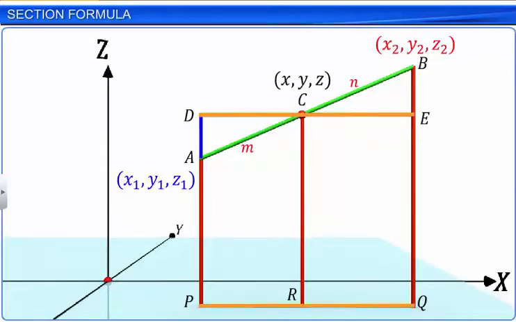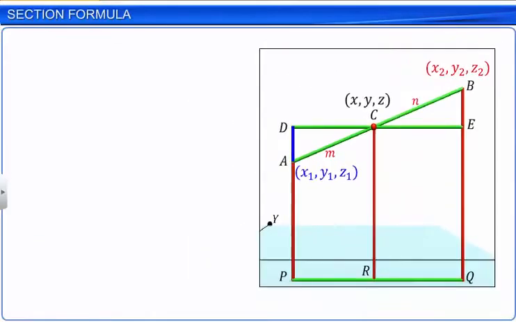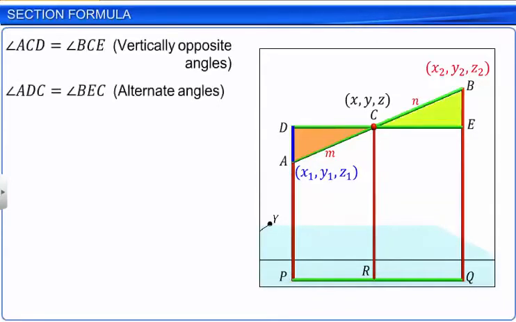Since AD and BE are parallel to each other, in triangles ADC and BEC we have corresponding equal angles. This implies that triangles ADC and BEC are similar. Therefore, this relation holds true for the triangles.